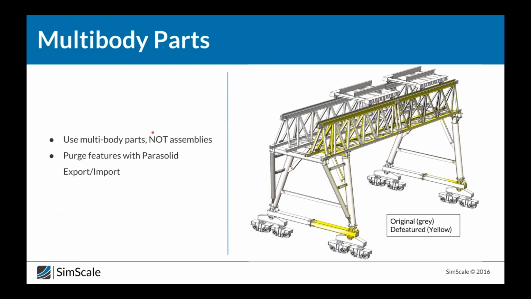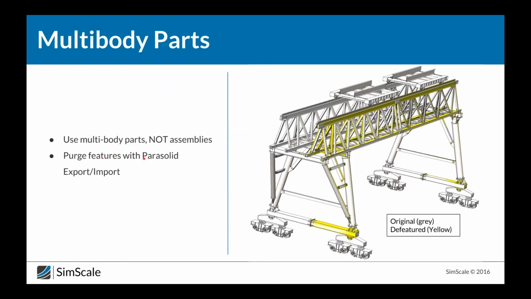So when I'm preparing geometry for simulation, I don't work in assemblies, I work in multi-body parts. I'll take an assembly, which is typically a manufacturing assembly, and then I will convert it to a multi-body part. I find it much more efficient, and there are just many more tools that I can use in multi-body parts. It just suits the process much better.